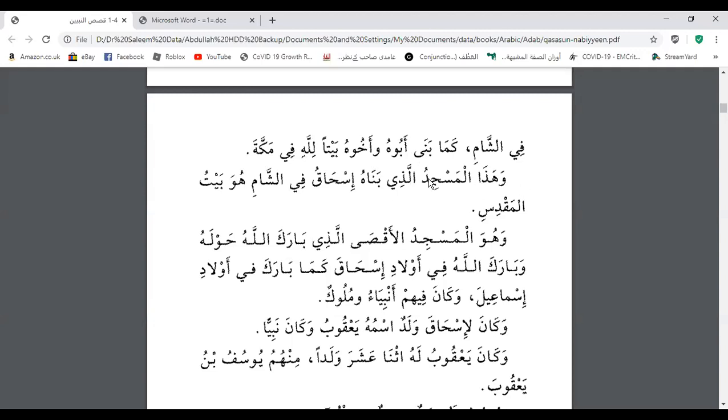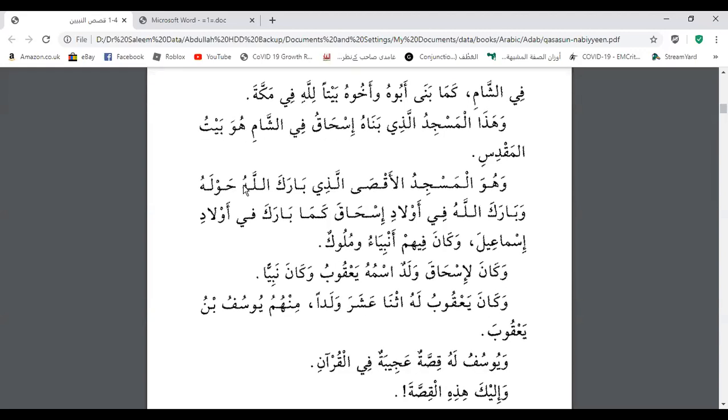Wa hadha al-masjid, and this masjid, alladhi banahu Ishaq fi ash-Sham, that which Ishaq alayhi salam built in Sham, Syria, huwa Baytul Maqdis, is Baytul Maqdis. Wa huwa al-Masjid al-Aqsa, and this is Masjid al-Aqsa, alladhi, that baraka Allah hawlahu, that Allah subhanahu wa ta'ala had placed or put barakah around it.